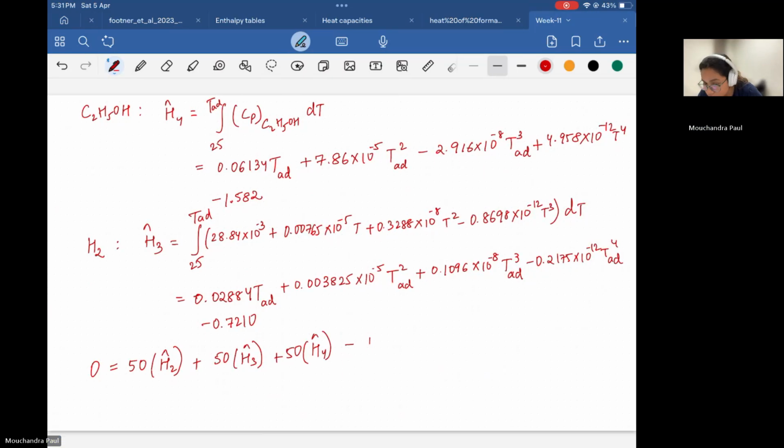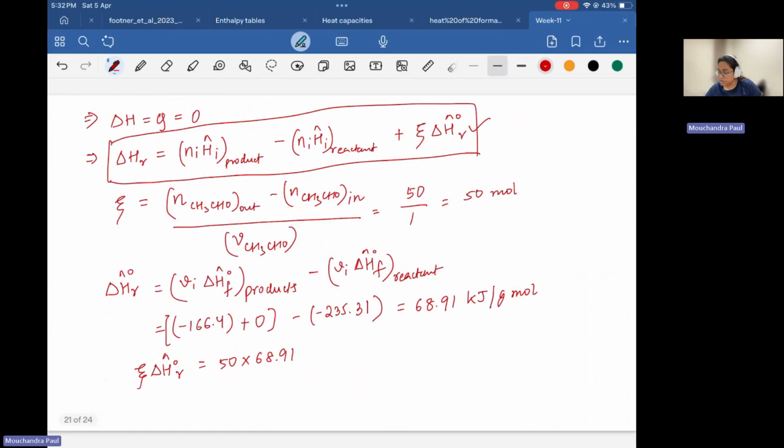And minus 100 moles of H1, H1 hat. Okay. Plus your extent of reaction term, this one, which will be 3445.5.